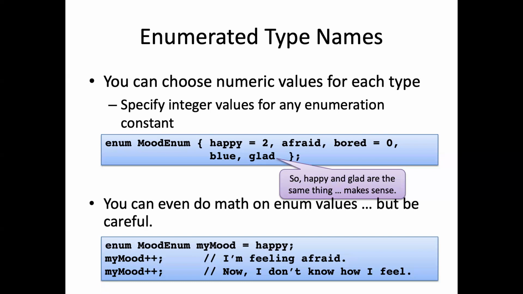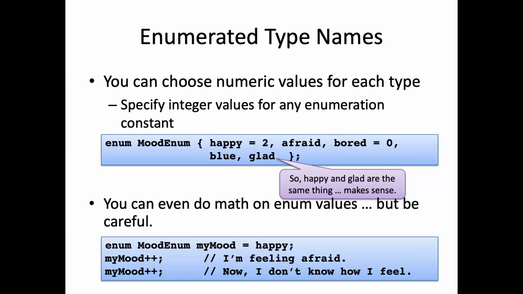In fact, you can use other integer operations on an enumeration. It's really just a kind of thin wrapper around an integer and a bunch of names for values that integer can have. So at the bottom, I'm showing you can make a variable of this type, and you can even add 1 to it, and you can think of that as moving through the enumerated values.